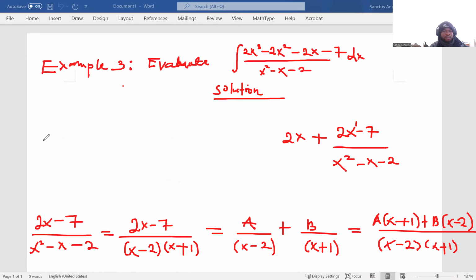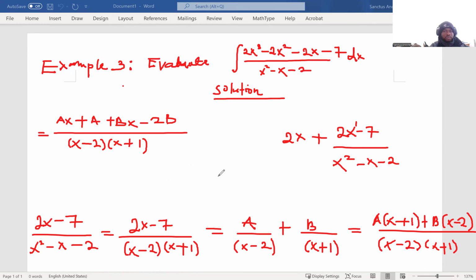So we have that this is equal to Ax plus A, then plus Bx minus 2B, all over x minus 2 and x plus 1.